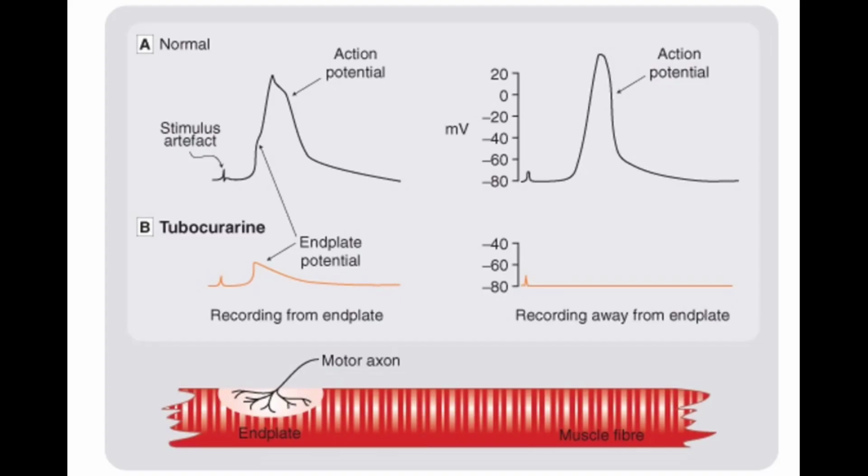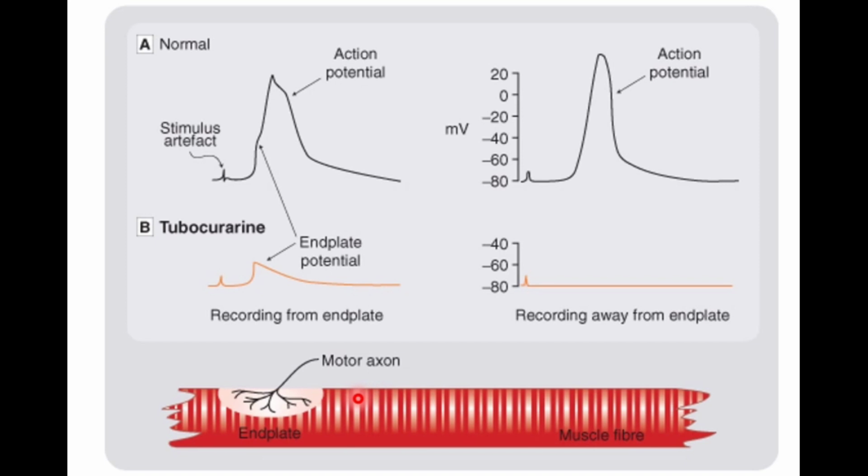Now we are going to describe the effect of nicotinic antagonists on the neuromuscular junction. Tubocurarine is also an antagonist at the neuromuscular junction. By reducing the interaction of acetylcholine with its receptors, this drug reduces the depolarization and reduces the amplitude of the action potential.